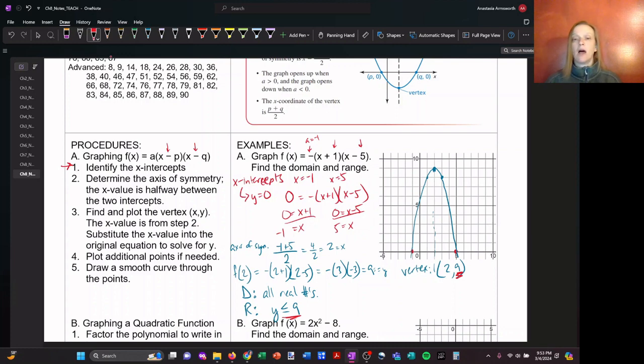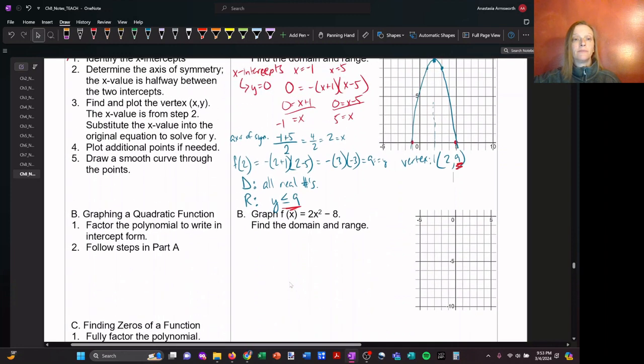All right, let's look at another example. This example has not been pre-factored for us. We've learned how to factor quadratics back in chapter 7, and now we're expected to use that skill moving forward in this chapter.